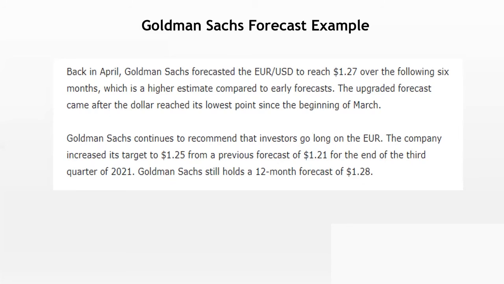The upgraded forecast came after the dollar reached its lowest point since the beginning of March. Goldman Sachs continues to recommend that investors go long on the euro. The company increased its targets to 1.25 from a previous forecast of 1.21 for the end of the third quarter. Goldman Sachs still holds a 12-month forecast of 1.28. What do you notice, guys, on this screen here? What do you notice?